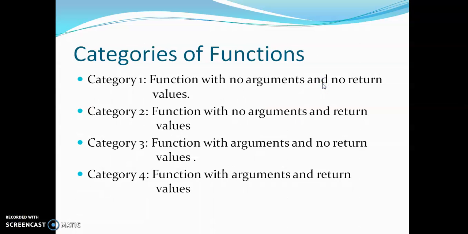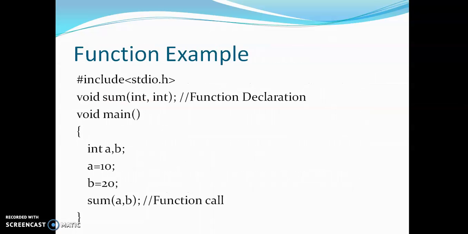At this point of time, we should have a clear idea of what an argument is and what a parameter is. Consider the same example. Here in the function call sum of a comma b, a comma b are the integer values which will be sent to the function.